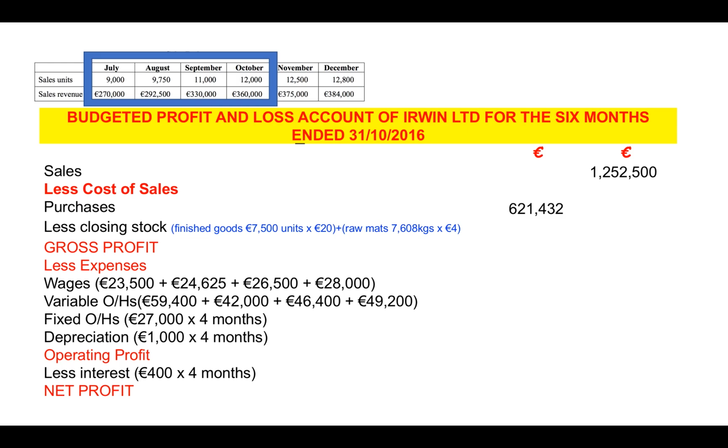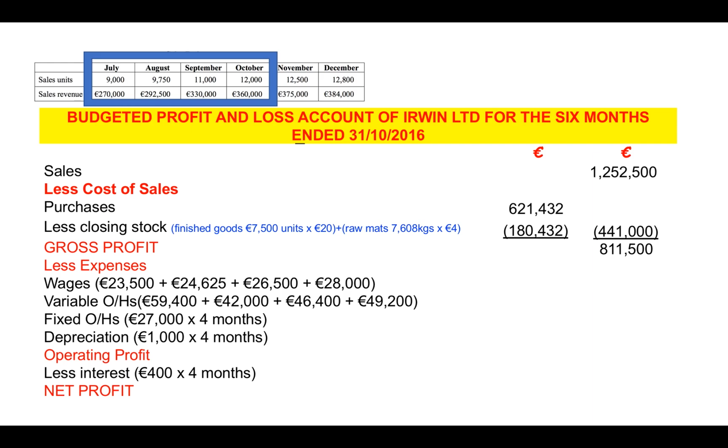So look back at your part B and you'll find that 7,608. Multiply that by €4 and that is altogether €180,432. And that is equal to €441,000 there, leaving a gross profit of €811,500.